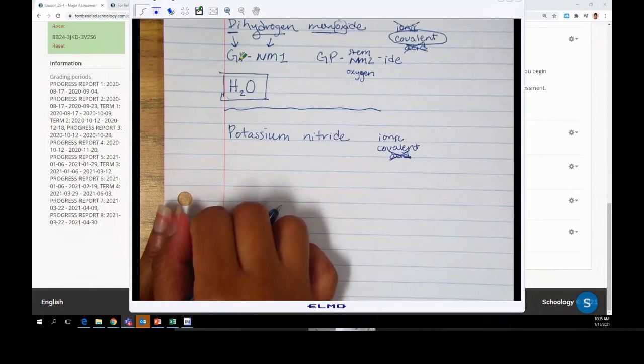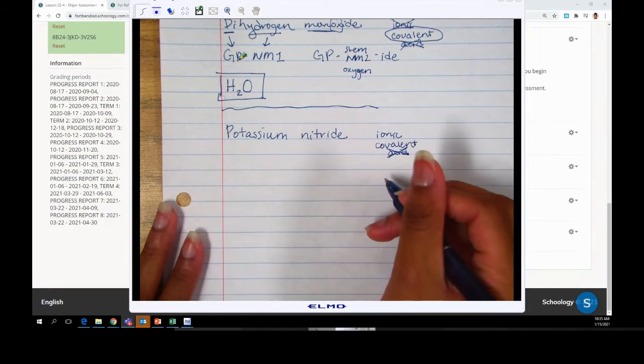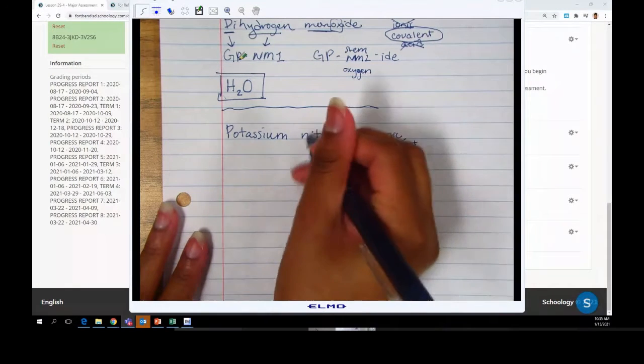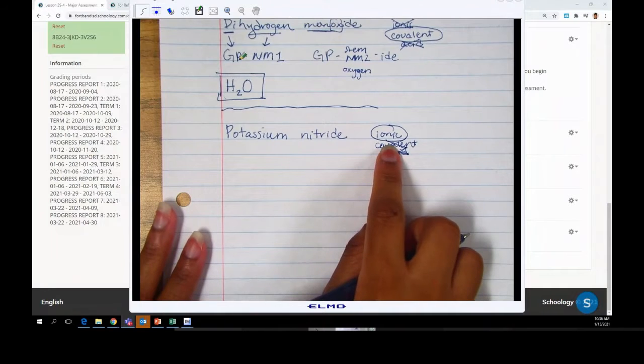I think I see someone typing. All right, somebody got it right on the head. That's ionic. We don't see any Greek prefixes here, so this is going to be ionic. Good job, Christina.